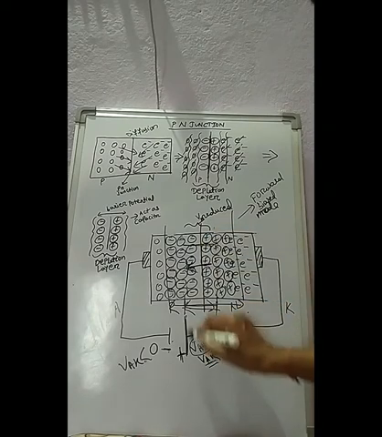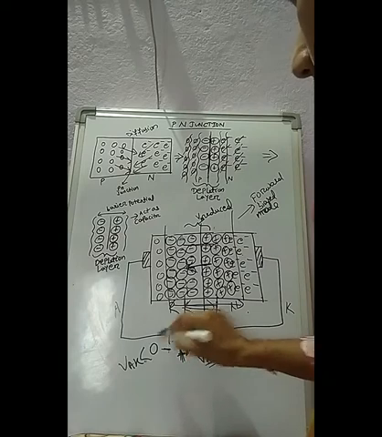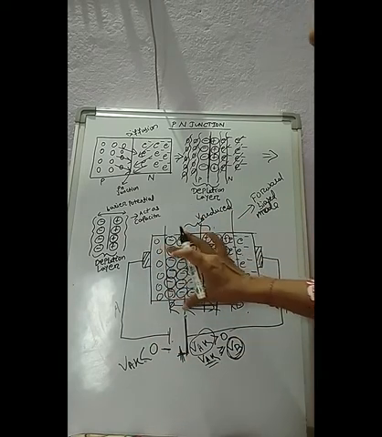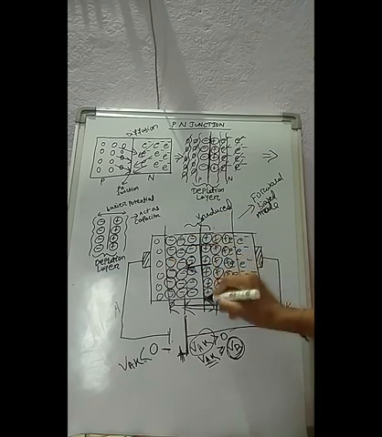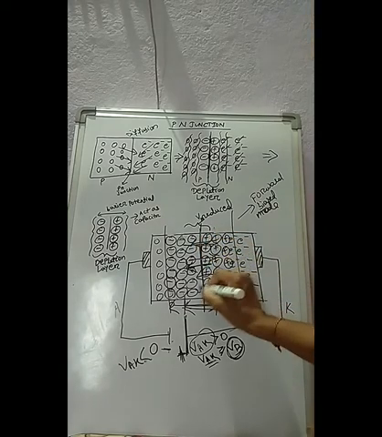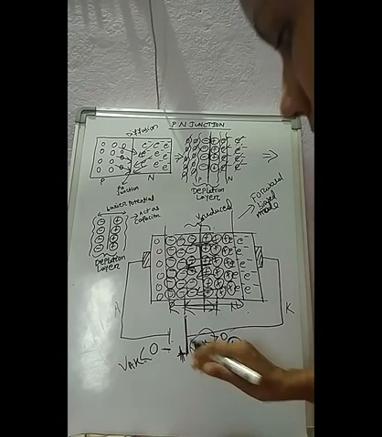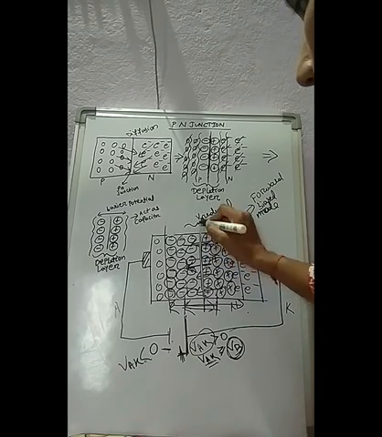So when the positive terminal of the battery is connected to this and the negative terminal of the battery is connected to this, this virtual P layer and this virtual N layer will break down. It means a process of diffusion starts at some voltage point. At some input voltage point, there is a reverse breakdown.